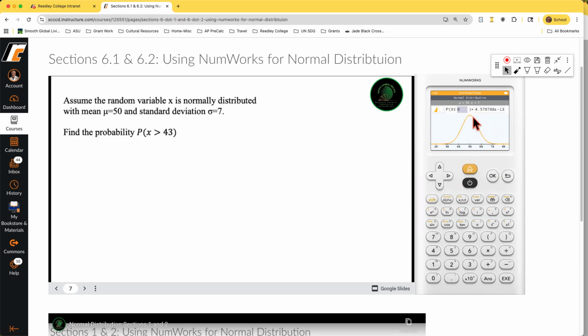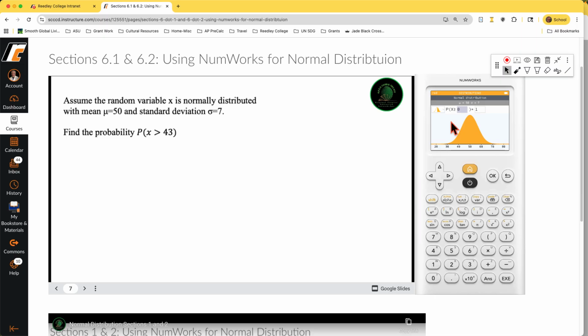So we get it set up. We've got everything here. What's the probability x is greater than 43? That's going to mean to the right. With this symbol, we're going to have to change it to greater than. Now, I didn't speak too much about it, but the calculator always does greater than or equal to.